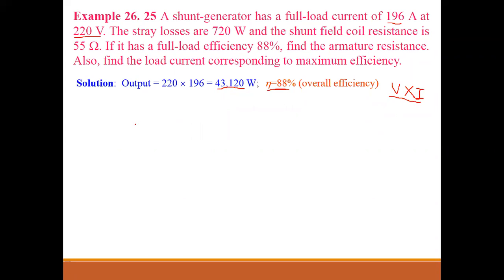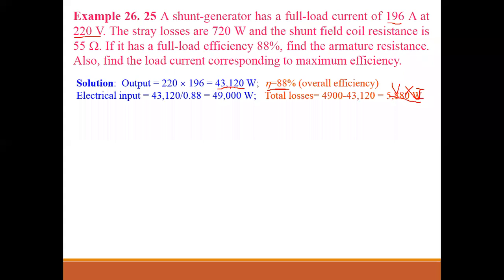So if we have found the output and they have given us the efficiency, then we can find the electrical input. How? Because we know that efficiency is equal to output divided by input. We know the output value and the efficiency, so we can easily find the input value.